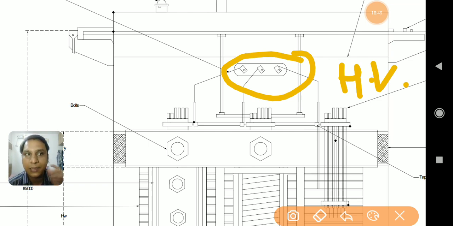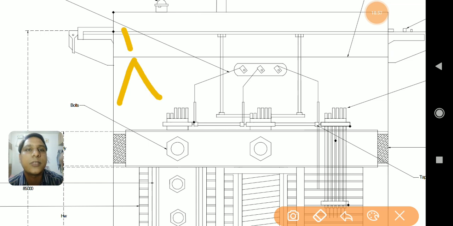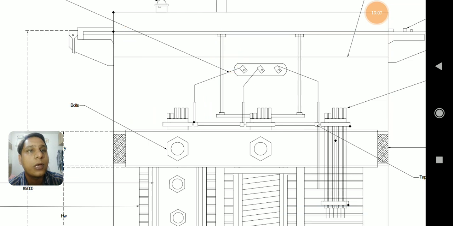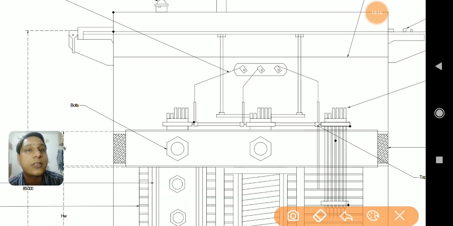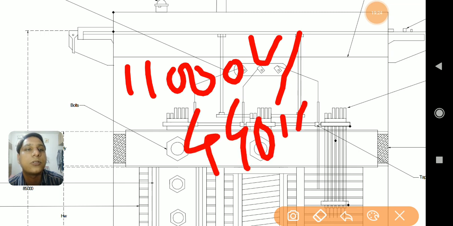How to identify them is, I have the transformer design problem. If you go through it, I could say this is a transformer which is simply a star delta transformer, which we have represented here. Moreover, if I consider this as a step down transformer, then for a step down transformer, as the specifications, it is an 11,000 volt by 440 volt transformer.